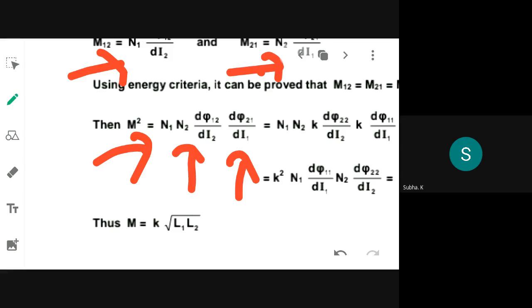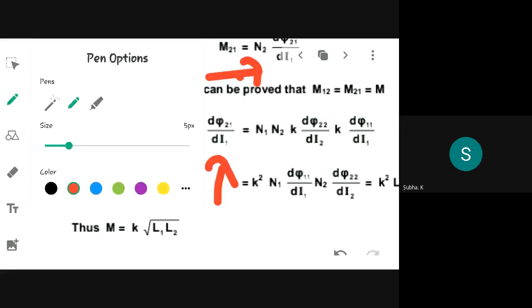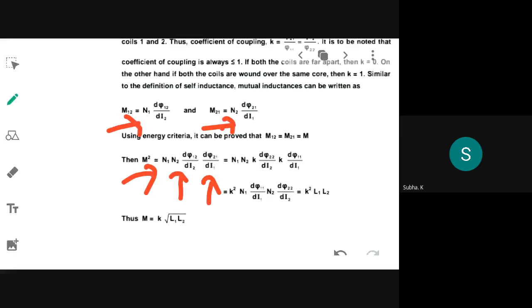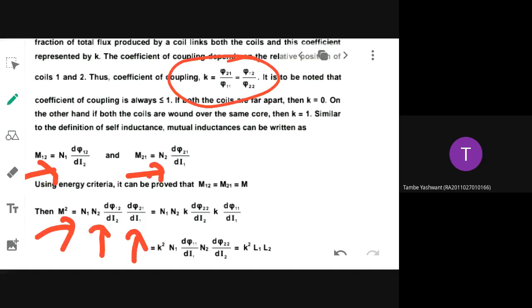Now one more simplification I can do based upon the coefficient of coupling formula. What is the coefficient of coupling formula? Phi 21 by phi 11. Based upon this formula, here I have phi 12 and here I have phi 21.